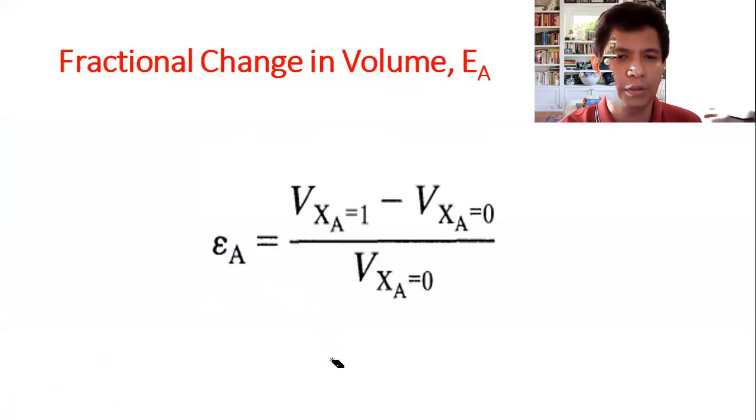Okay, so this is the formula for epsilon, if you still remember. This is from Levenspiel. Levenspiel uses the volume of the system when conversion is equal to 1 minus the volume of the system when conversion is equal to 0, divided over the volume of the system when conversion is equal to 0.